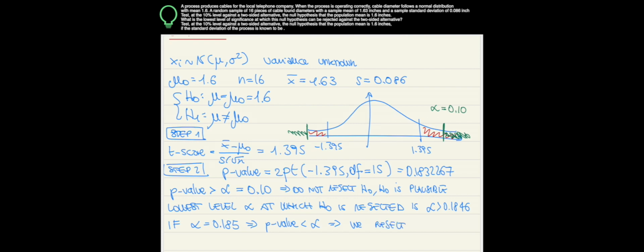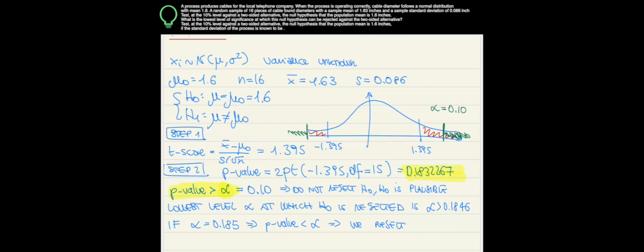So a very important alternative definition, or the main definition that you've seen, of p-value is the lowest level of alpha at which the null hypothesis is rejected, right? And this happens exactly when alpha is slightly higher than the p-value, right?